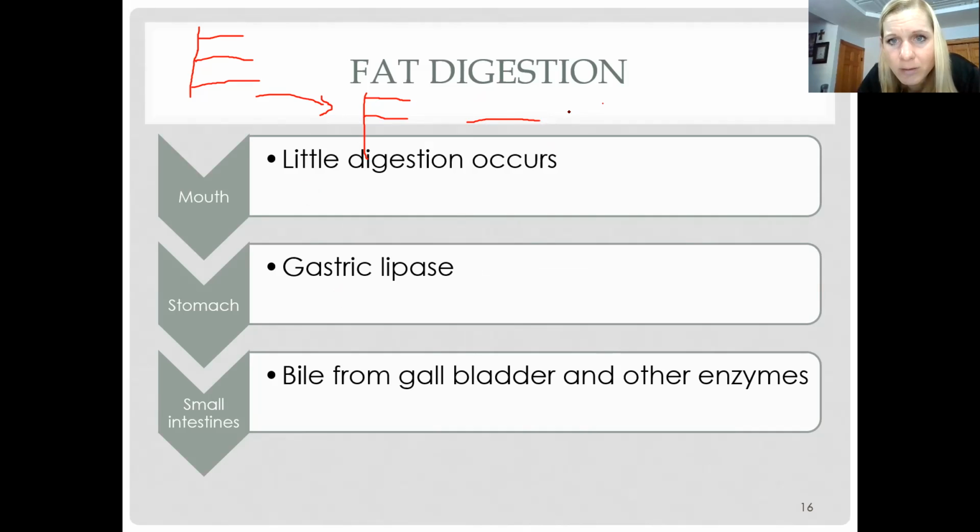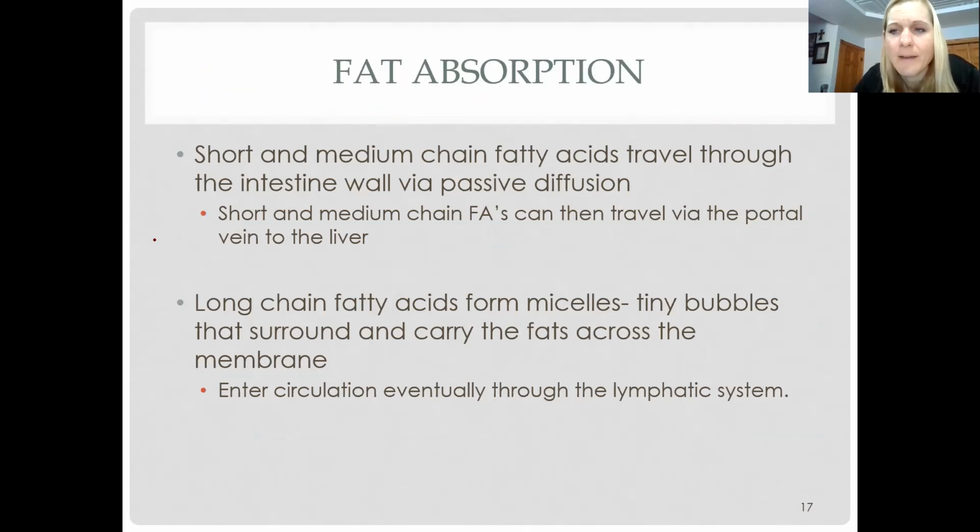Now that bile causes us to have that glycerol backbone and some free-floating fatty acids. Those fatty acids we talked about can be short, medium, or long chain. So we might have, let's do 4 for simplicity's sake.